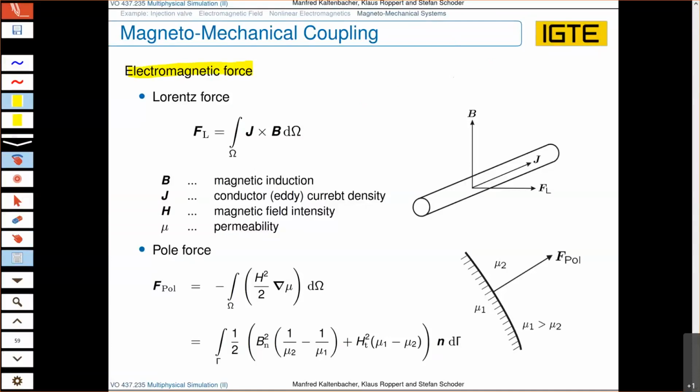And the electromagnetic force can be decomposed into a Lorentz force, as shown here.